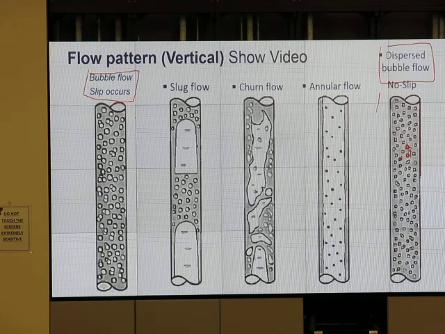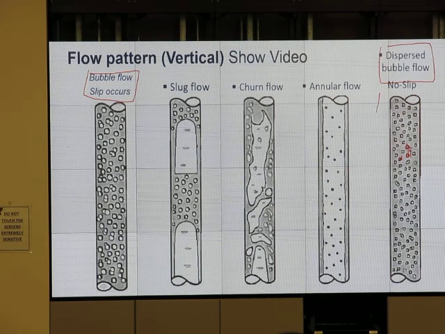Okay. Next, Robert is the last person, right? Hamza? What flow pattern do you think we have in the actual well? In the well, it has to be vertical flow, right? Churn. What? Churn flow. Are you sure? Yeah. You don't want to change your answer?